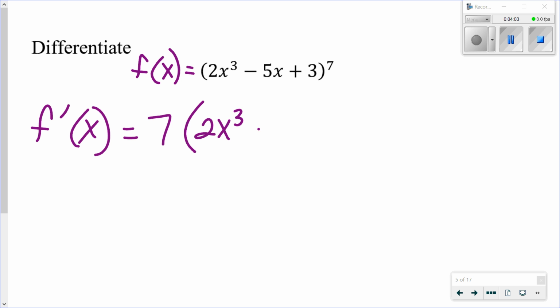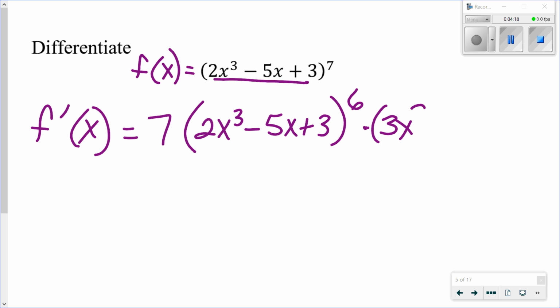Leave this part inside the parentheses alone, don't change it at all, to the 6th, times. Now I have to take just the derivative of this, so that's going to be 3x squared minus 5.